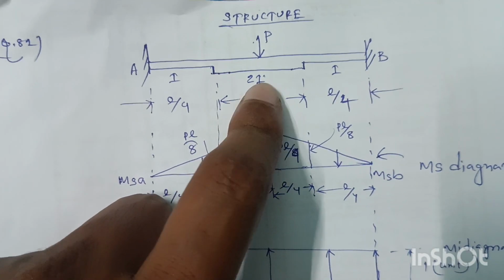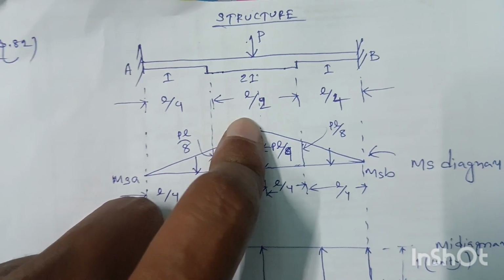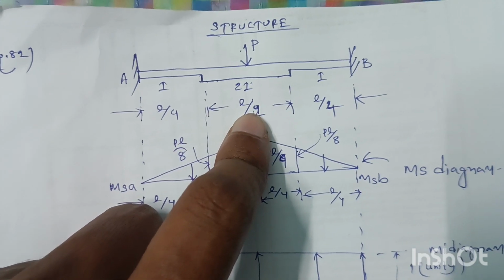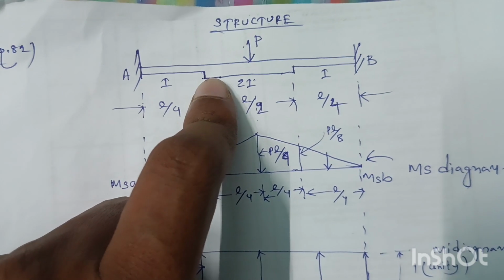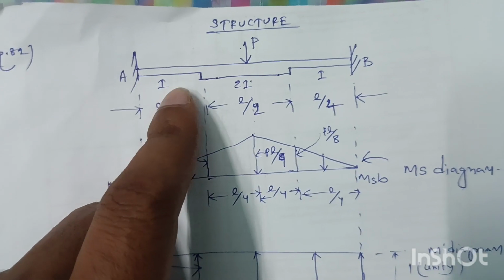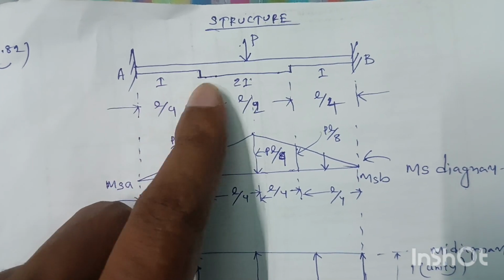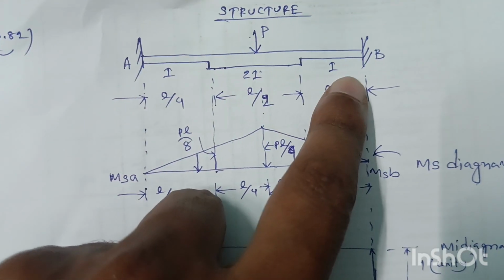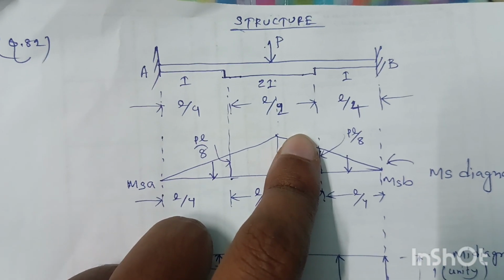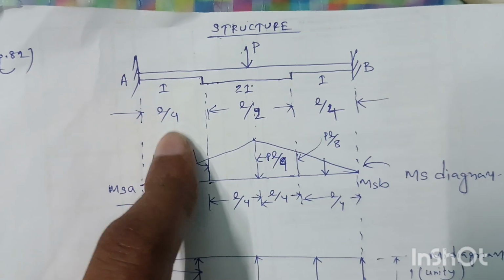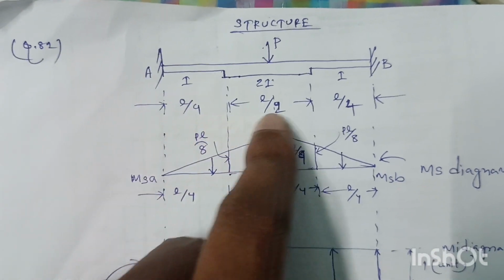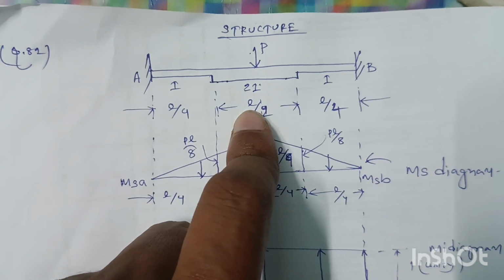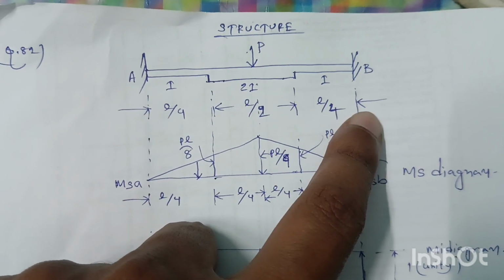So the middle portion, of length L by 2, has the moment of inertia 2I, and the remaining two portions have the same moment of inertia, that is I. This part length is L by 4, this part length is L by 2, and this part length is L by 4.